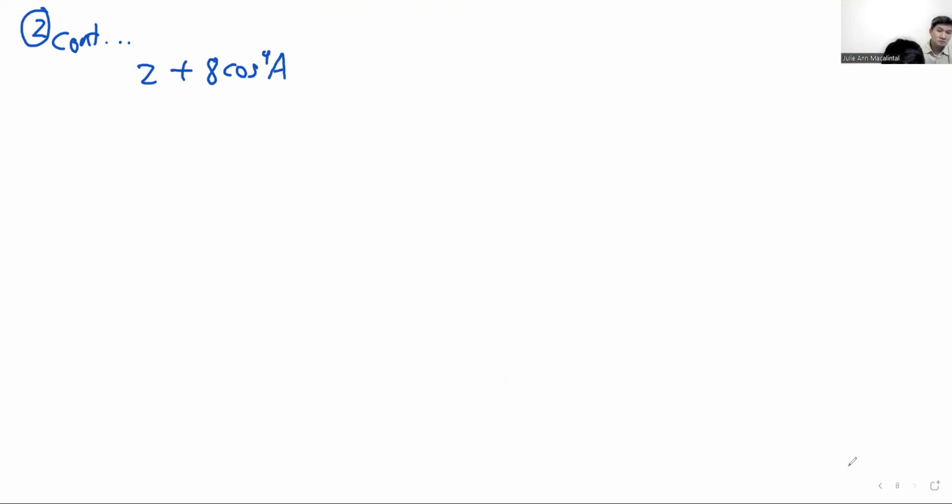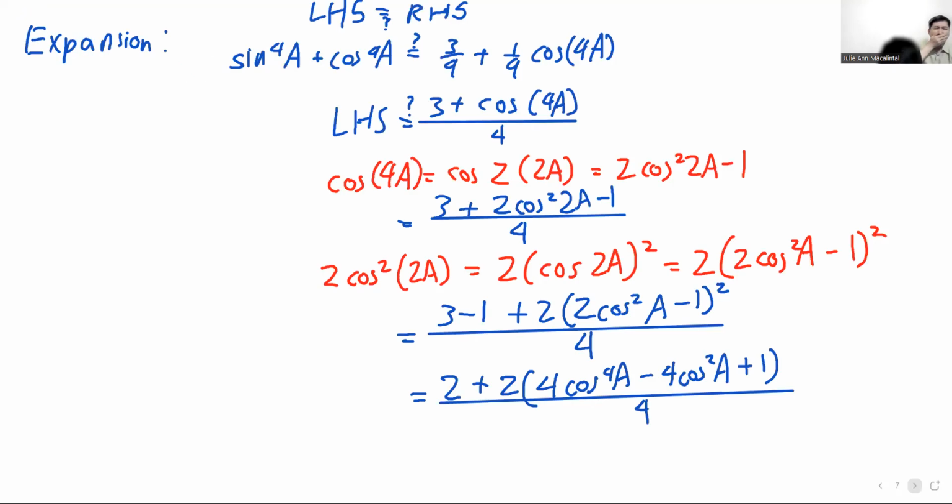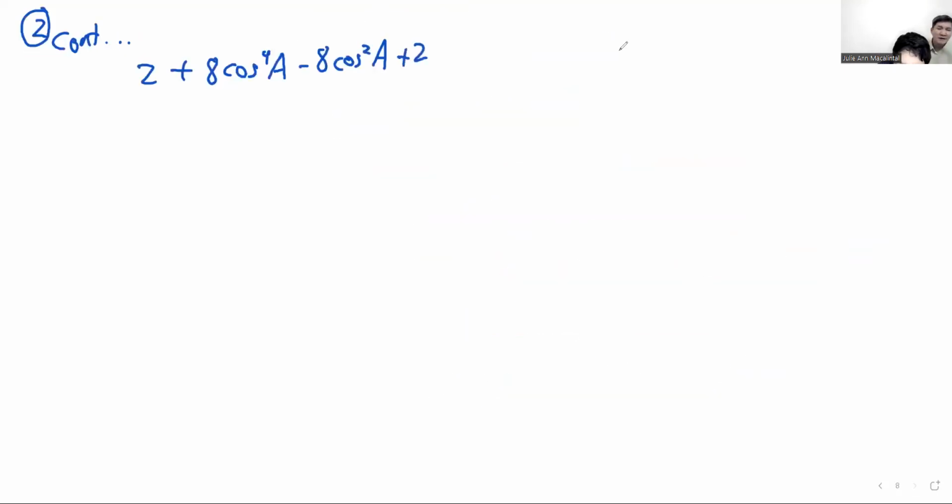What's the minus? Yes. Minus cos squared plus 2. So of course I will combine the twos. They're both constants. This will equal 4 plus 8 cos 4a.